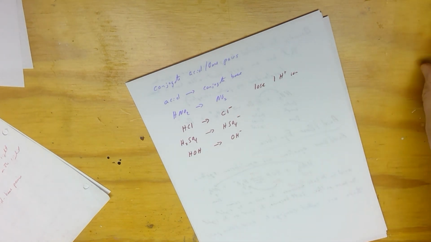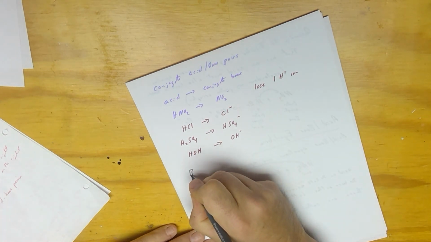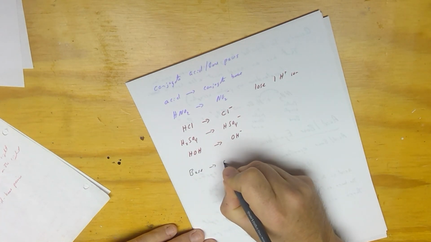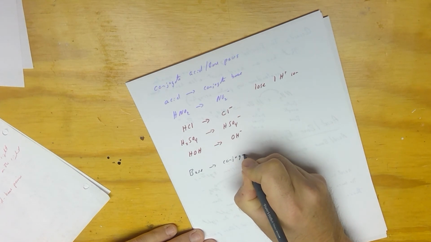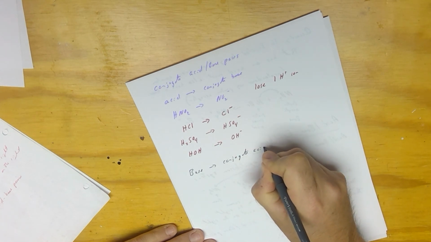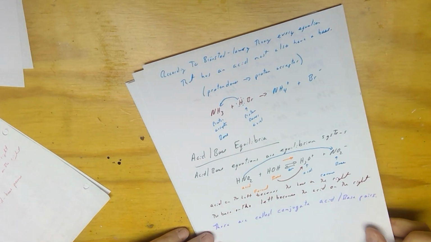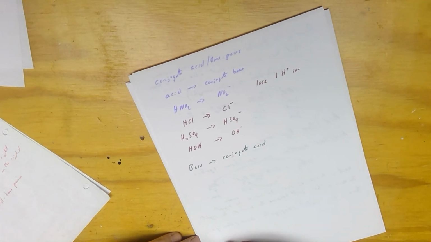All right, well, what if I give you a base and I want the conjugate acid? Well, let's look at what our example did. In our example, we started with HOH.